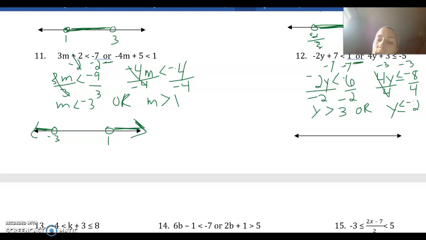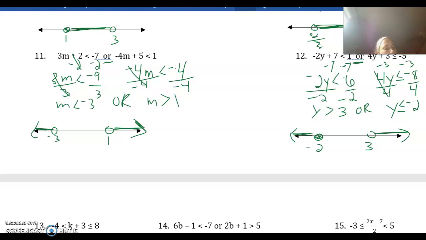So we're going to put an open circle on 3. Y is greater than 3, so we're going to the right. And then we have a closed circle on -2 because y is less than or equal to -2. There's number 12 for us.